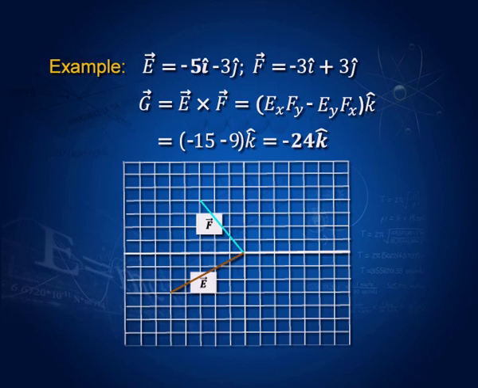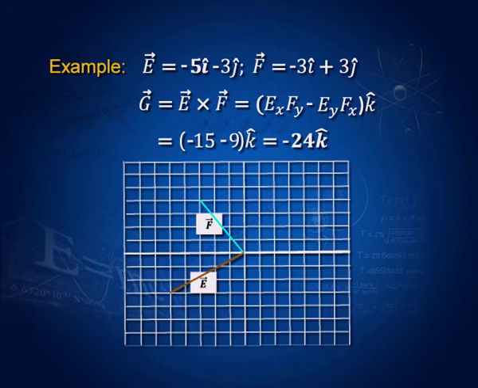Now, if we use the rules of multiplication of unit vectors as we have done earlier, then you would get vector G equal to vector E cross vector F, E x F y minus E y F x times k cap, and if you use the magnitudes E x, E y, F x, F y, you should be able to get that vector G is equal to minus 24 times k cap.